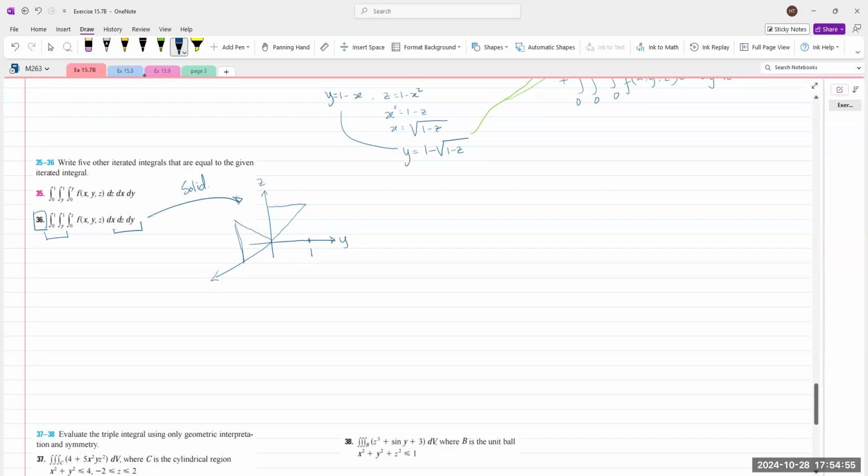Can you imagine this? So this part here is this, from x equals 0 to x equals z. Will that look like this?